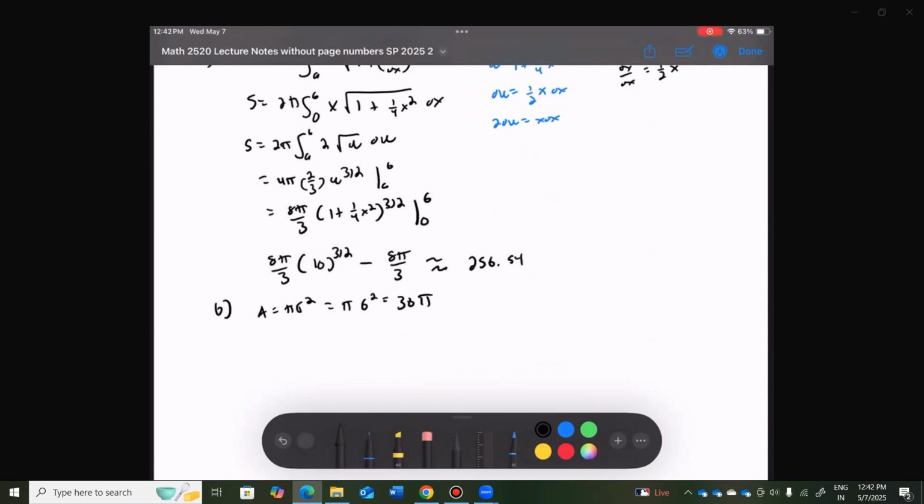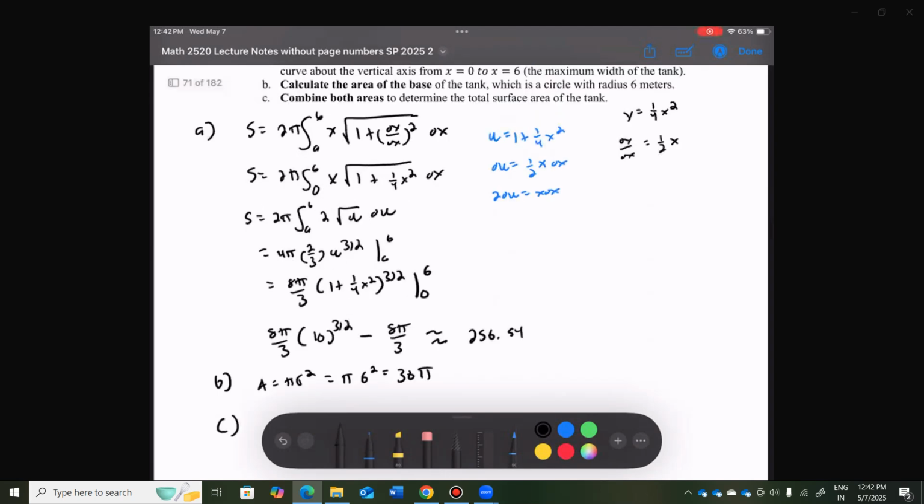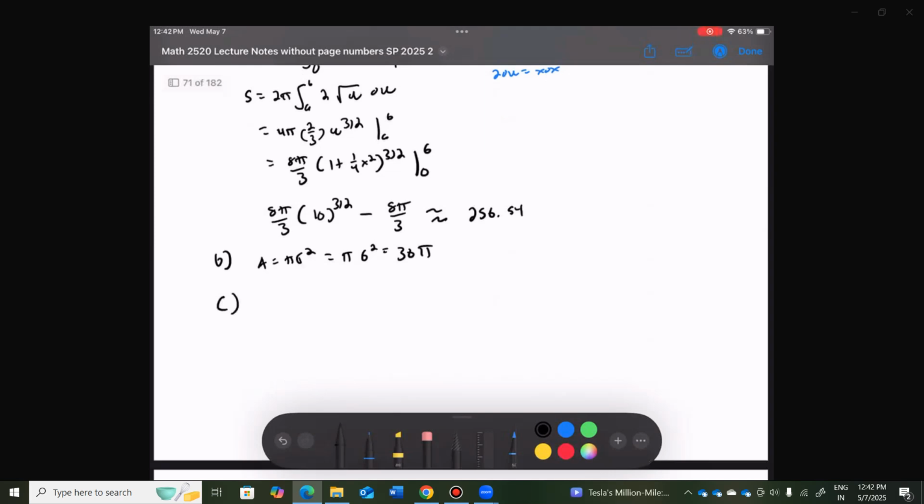And we can get a number for that, but I'm not going to. And then C is we're just combining this area, so 36 pi plus 256.54 is 369.64.